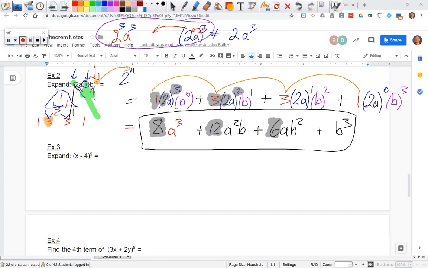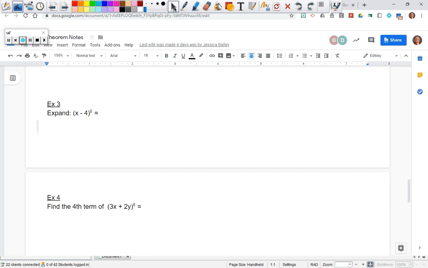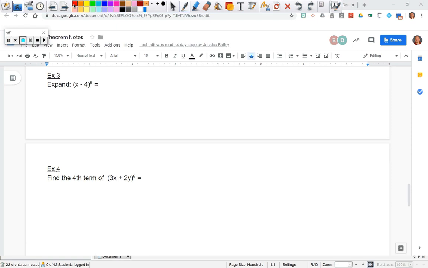All right. Here we go. x minus 4 to the power of 5. We're going to first build our triangle all the way to 6 terms, or all the way to where the second term is 5. So 1, 1, 1, 2, 1, 1, 3, 3, 1. Y'all help me out. 1, 4, 6, 4, 1. Good.